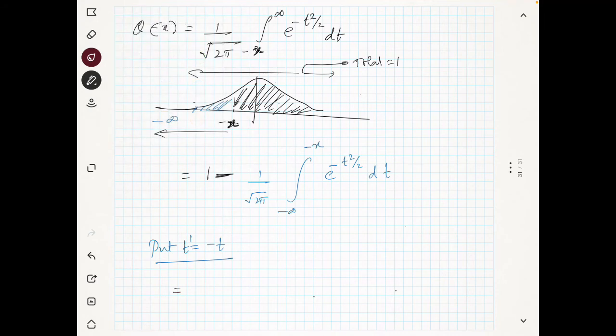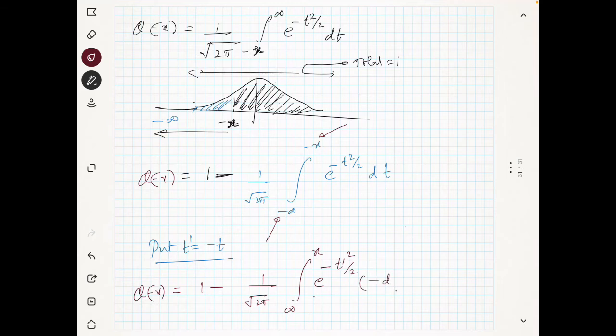So this area Q of minus x will be nothing but 1 minus 1 by root 2 pi, and you know that this will be changing. If I put t dash equal to minus t, my limit will change its polarity. This is minus, so my limit will change to infinity, and this becomes positive, so to x of e power minus t dash square divided by 2, into dt will become minus of dt dash.